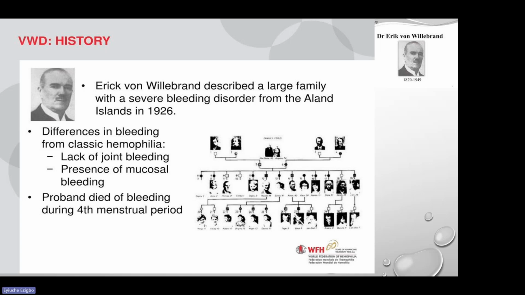Then the patient that was used for this clinical study, for this observation, later died during her first menstrual period because of heavy bleeding. So they observed in a family that there are some severe presentations of bleeding that are not very similar to the classic hemophilia.